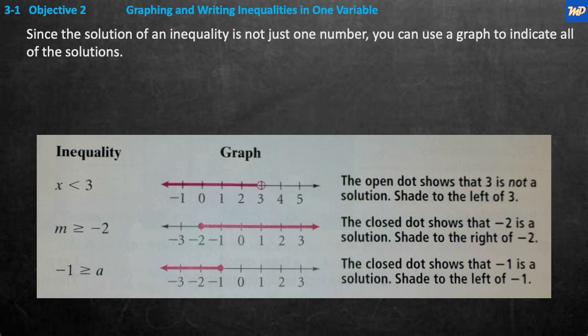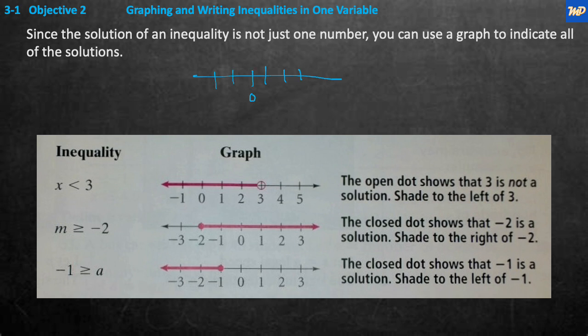Okay, objective 2. Graphing and writing inequalities in one variable. Since the solution of an inequality is not just one number, you can use a graph to indicate all the solutions to that inequality. But before we get into the graphing, I want to remind you of something you've probably learned in the past. Let's say we have a number line here.